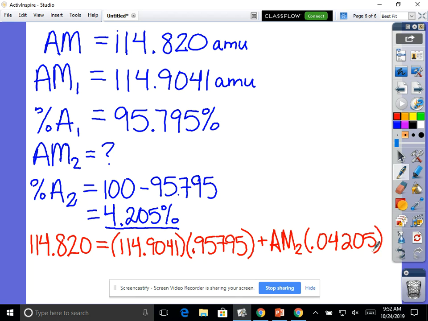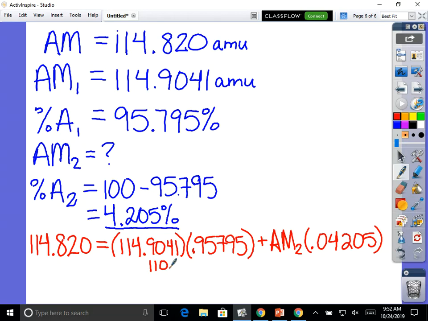Okay, so to work this out, I would multiply the atomic mass of the first isotope by its percent abundance, and I would get 110.072. I'm going to leave it there.